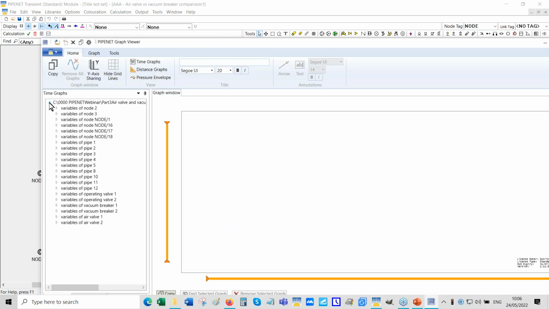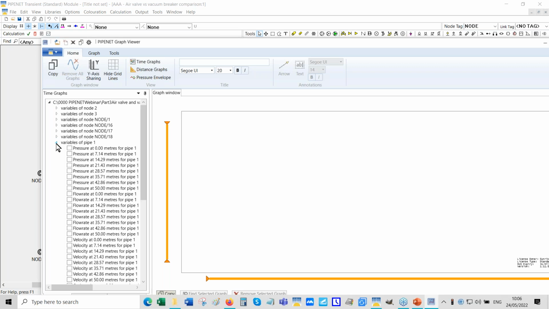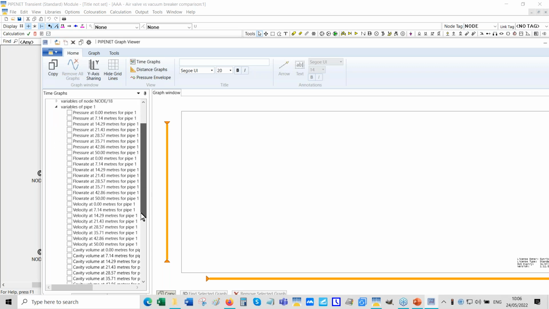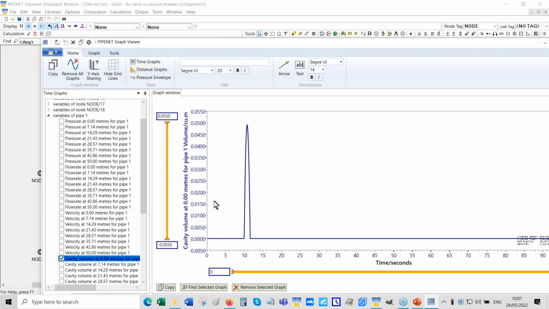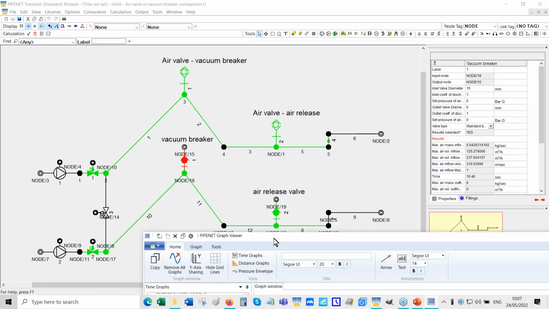So let's look at pipe 1. Cavity volume is exactly the same as what we saw before. Let's compare that to pipe 10, which is here.